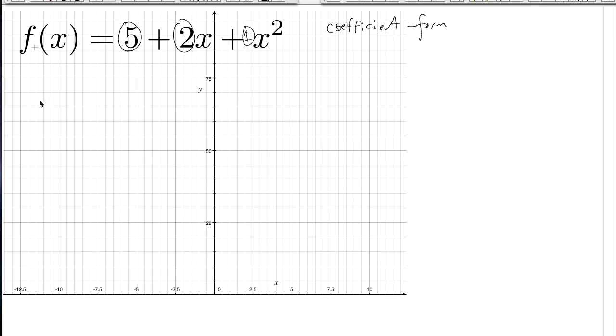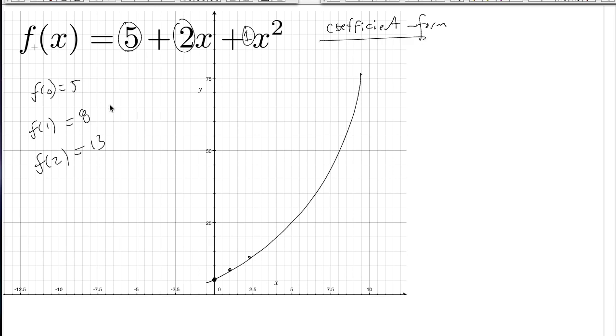So for example, we can compute f of 0, which is going to be 5, f of 1, which is going to be 8, and f of 2, which is going to be 13. So given a coefficient form, you can certainly go to point form.